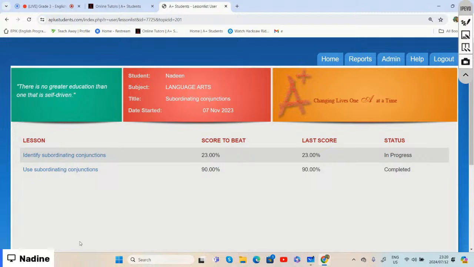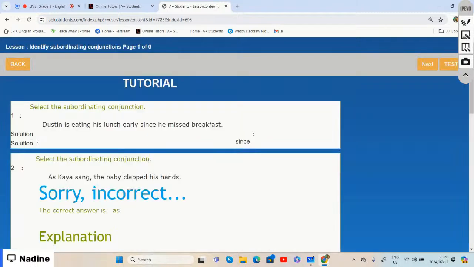Our chapter is subordinating conjunctions. We are going to go into the first one, which is to identify subordinating conjunctions. We're going to select the word that connects or joins the two sentences.